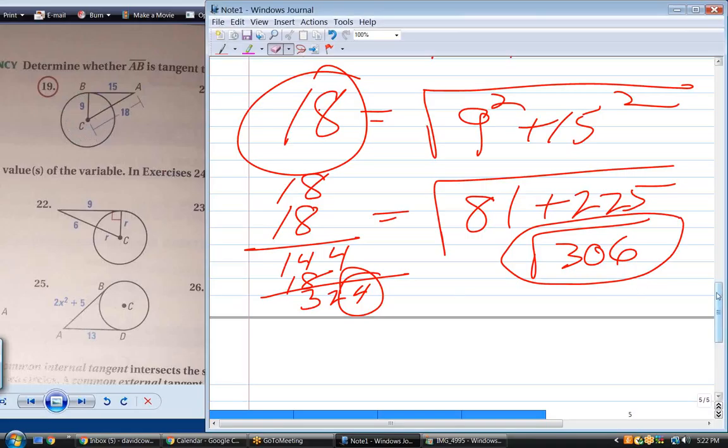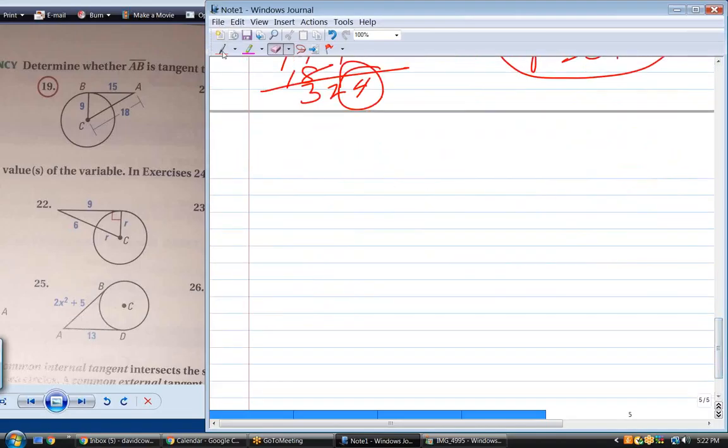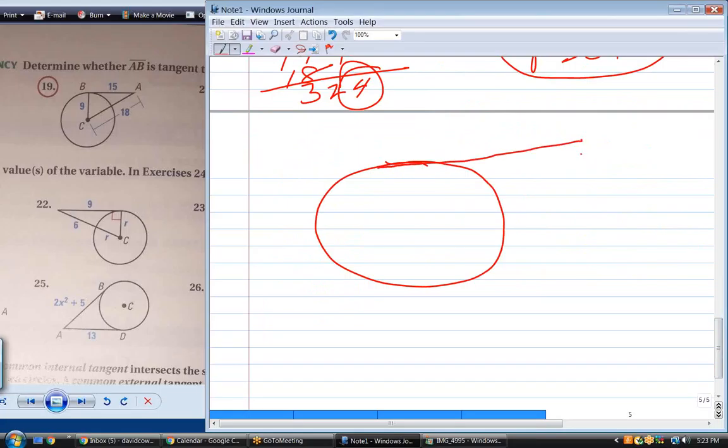But in reality, if I were to blow that thing up, it would look something more like this. In other words, it would actually cross at multiple points, not just one point.